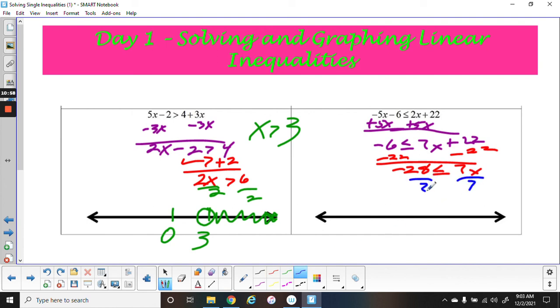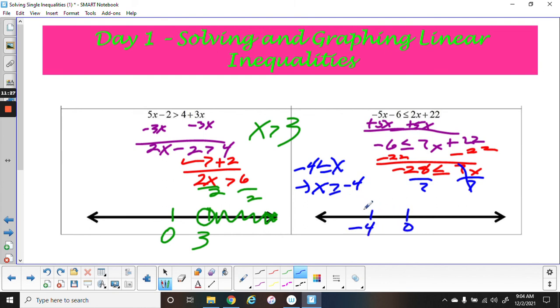Divide by 7, and now we have the question again, to flip or not to flip. What am I dividing by? I'm dividing by a positive, so negative 28 divided by 7 is going to be negative 4, and I don't flip the sign. And then I do one more step. Sorry, the bell's ringing. And so I got one more step. X is greater than or equal to negative 4.